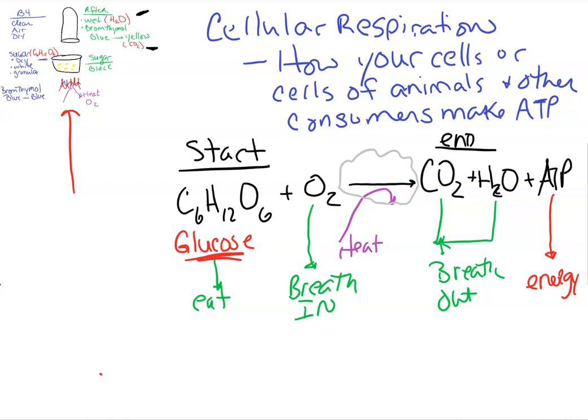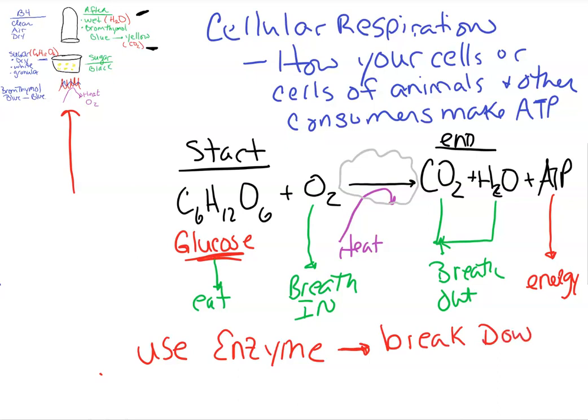So what we need to do is find a way to break the sugar apart in a way that does not require all of this heat. And the way that we do that is that we use enzymes. Okay, and what enzymes do, again, is that they break down substrates.